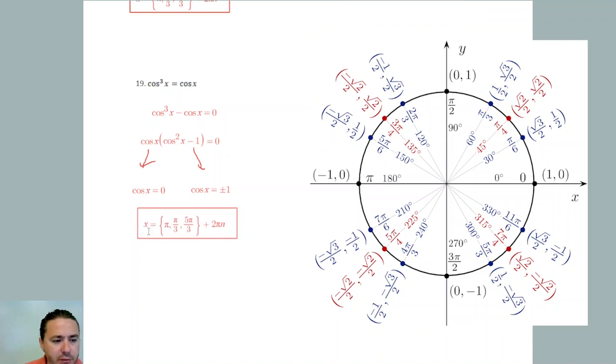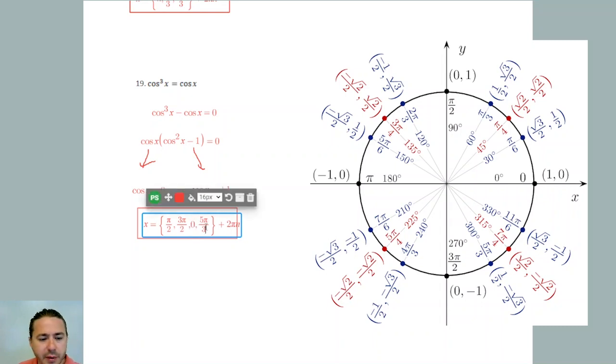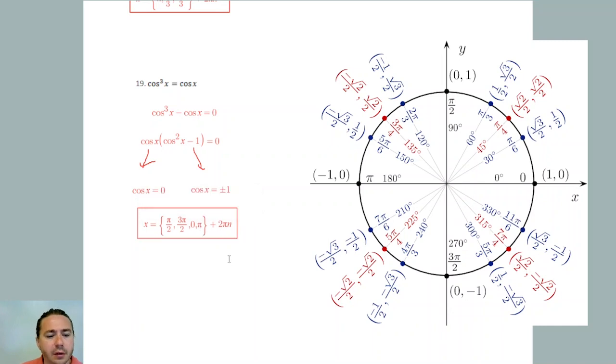So at pi/2 and 3pi/2. And then cosine is either 1 or -1 at 0 and pi. So we have 0 and then just pi. Okay, that's it. So we get those solutions.